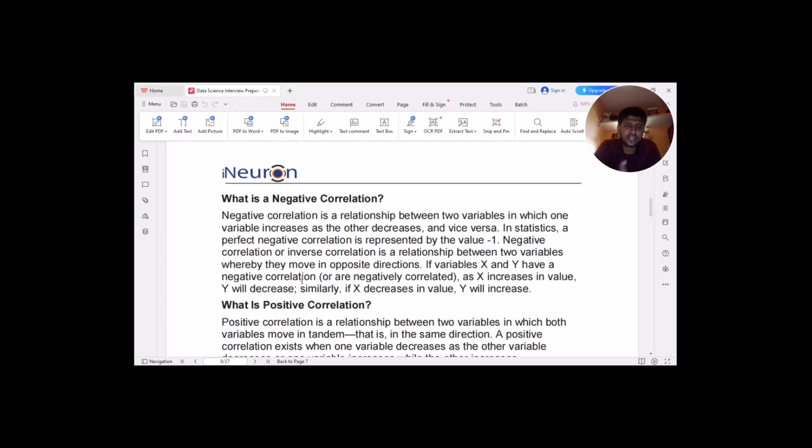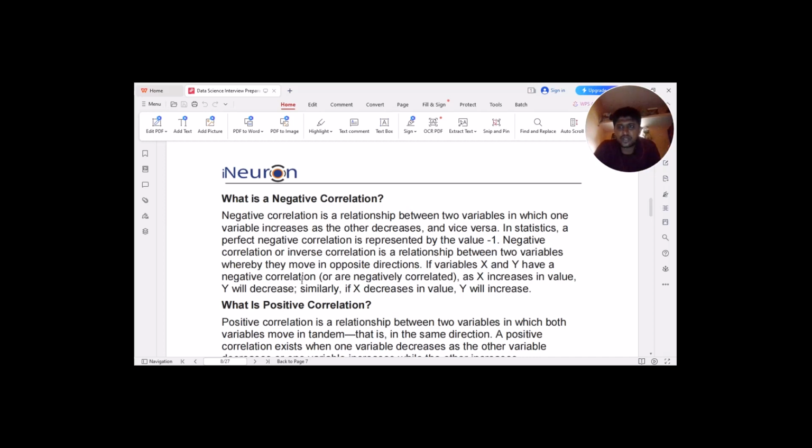Negative correlation, or inverse correlation, is a relationship between two variables whereby they move in opposite directions. If variables x and y are negatively correlated, as x increases in value, y will decrease, and as x decreases in value, y will increase.